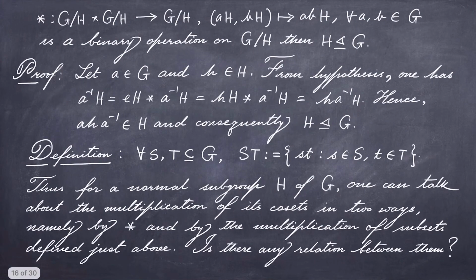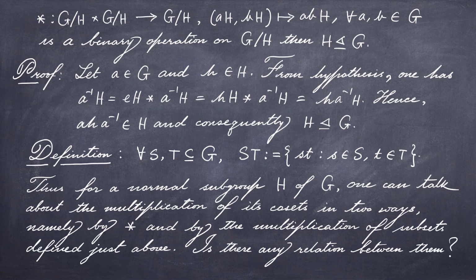But now what is given to us is that star is a binary operation on this collection, and then H will be a normal subgroup of G.